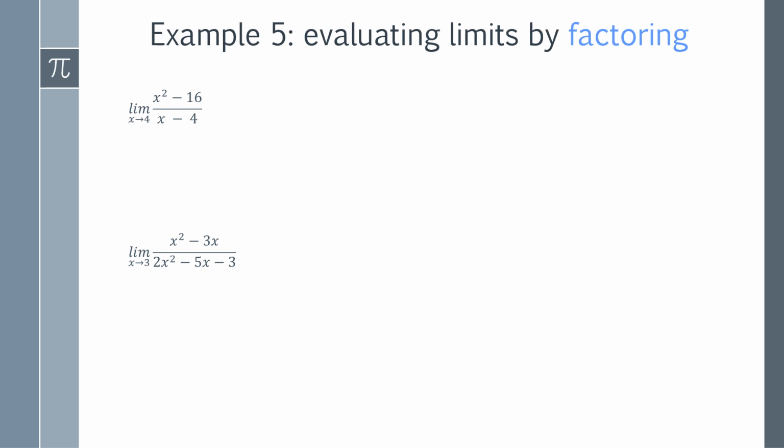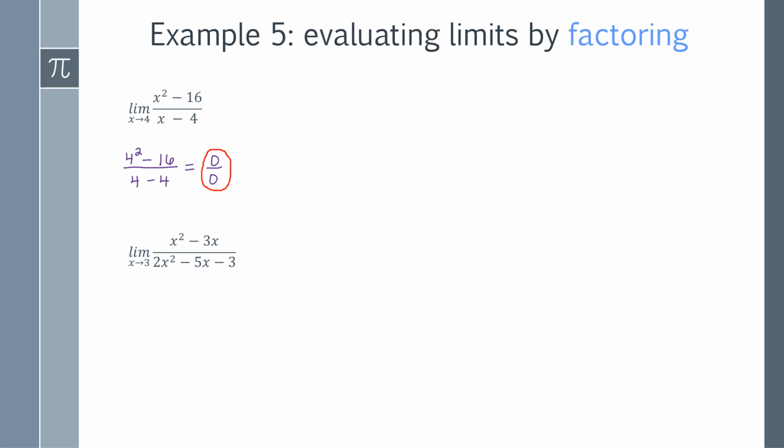Now notice that if we plug in 4 for x, we're going to get 0 over 0, which is what we refer to as one of the indeterminate forms. And this form at this stage of the class will basically tell us that we need to do some algebraic steps in order to evaluate this limit.